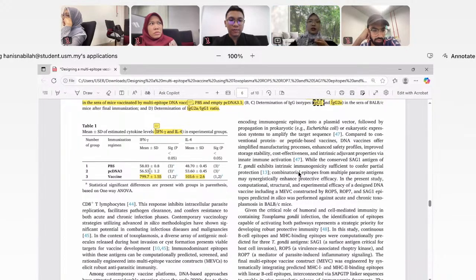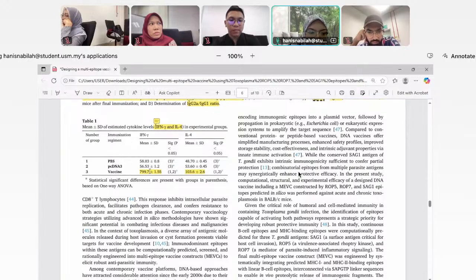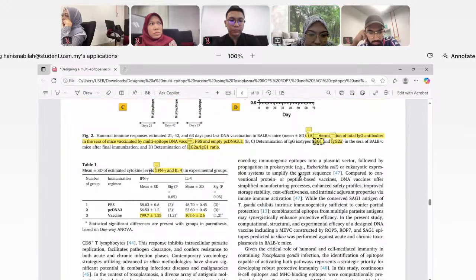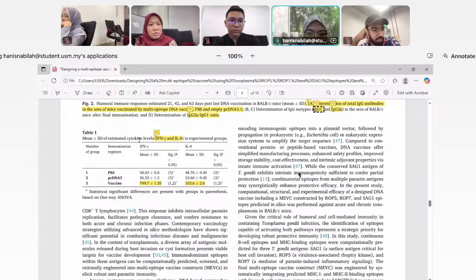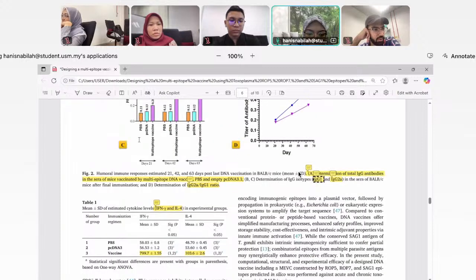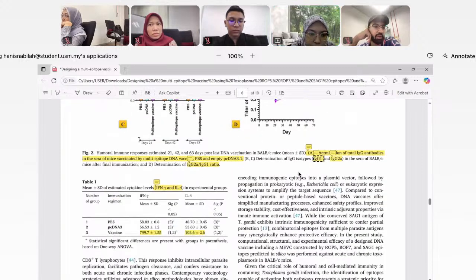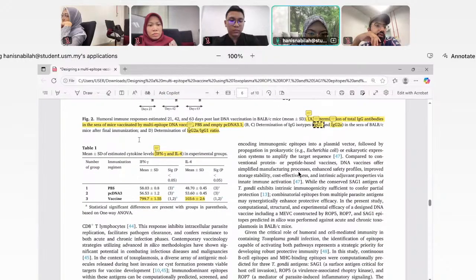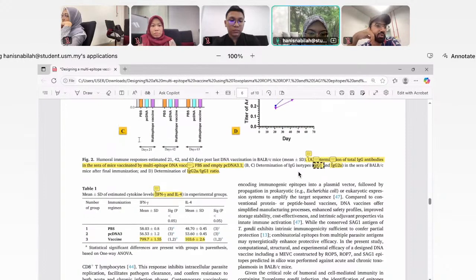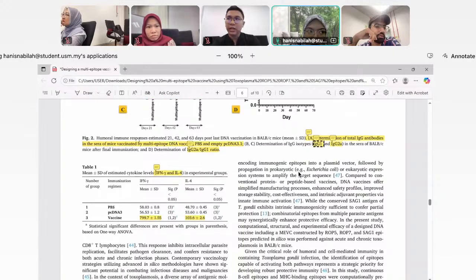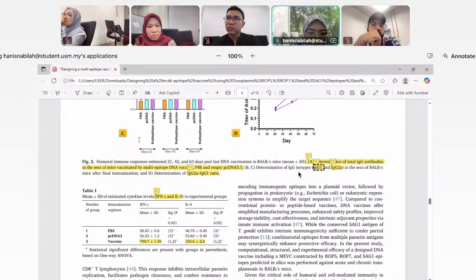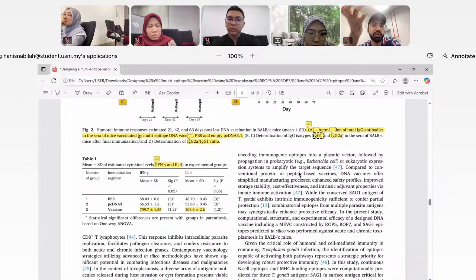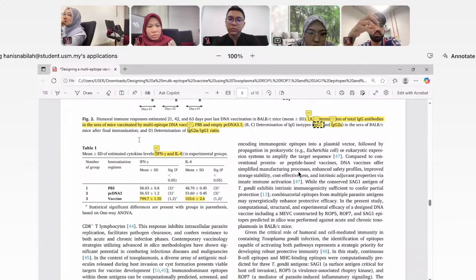Hanis, they didn't use any positive control in this. It's just negative controls, PBS and pcDNA3. There's nothing to compare the data with, to see if it's a significant cell-mediated response or not. pcDNA is the empty plasmid. It's like a negative control. They want to see the reaction to the plasmid itself, if it produces anything.